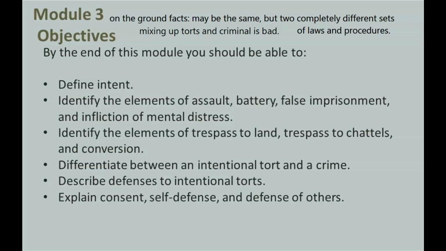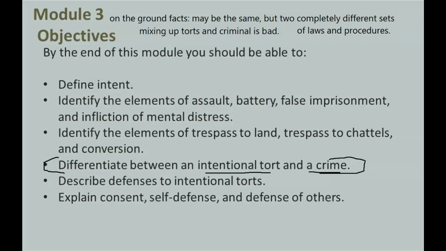So one of our main goals or objectives this week is to differentiate between an intentional tort and a crime. Absolutely do not want anyone to leave this course without understanding the fact that if you hire a private eye, they may end up finding a lot of the facts of the case that the police also found.